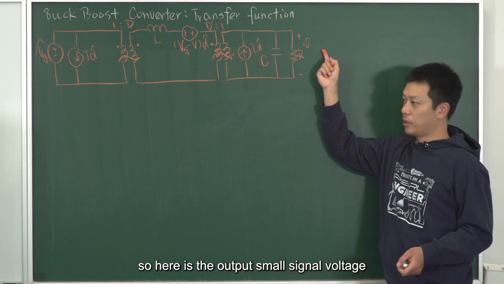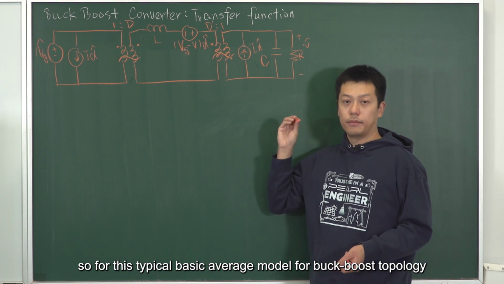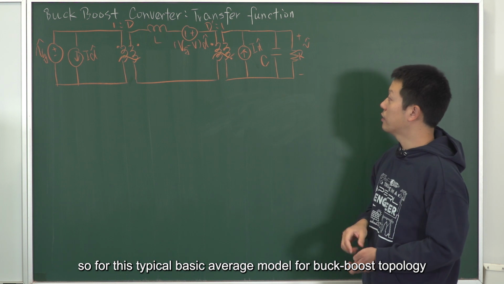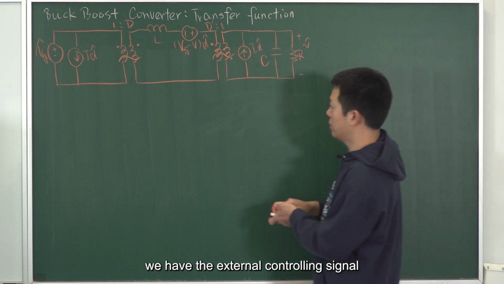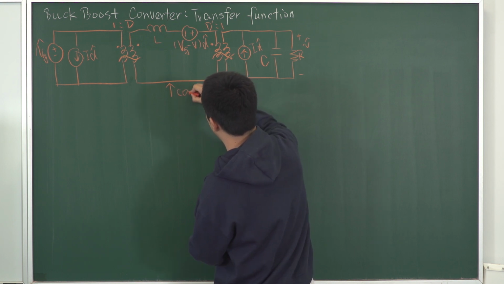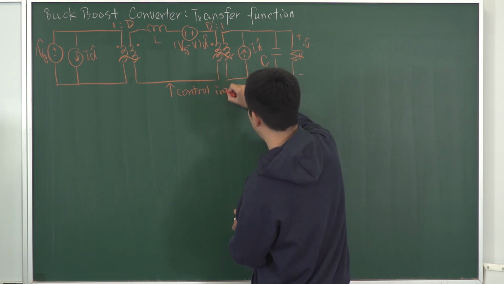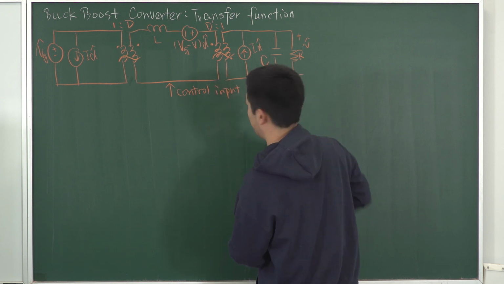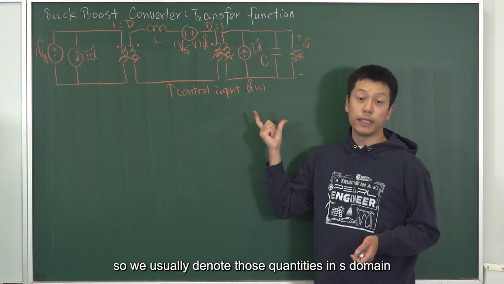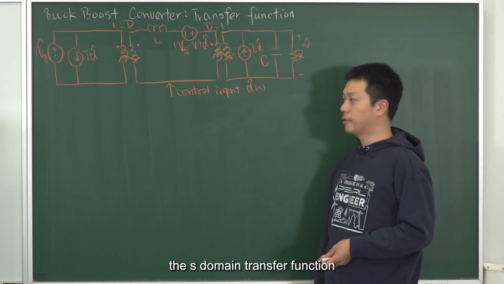So here is the output small signal voltage. For this typical basic averaged model for the buck-boost topology, we have the external controlling signal, which is d-hat, as the control input. We usually denote those quantities in the S domain for convenience to derive the S domain transfer function.